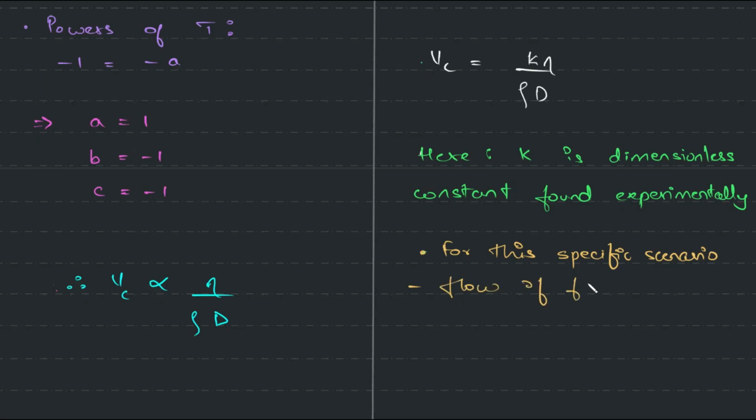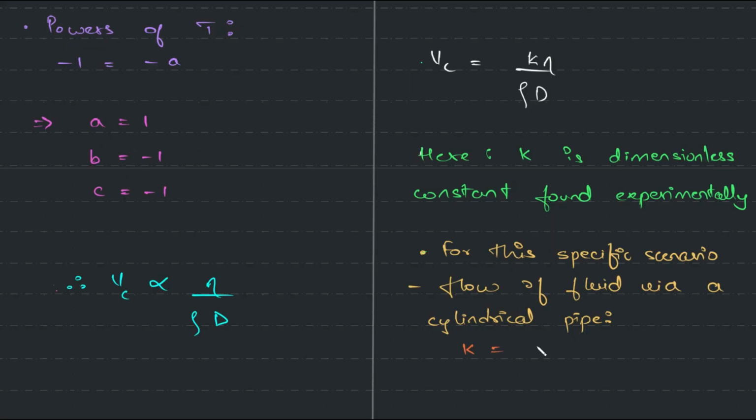Flow of fluid through a cylindrical pipe. So the dimensionless proportionality constant, your K, is of course experimentally determined.